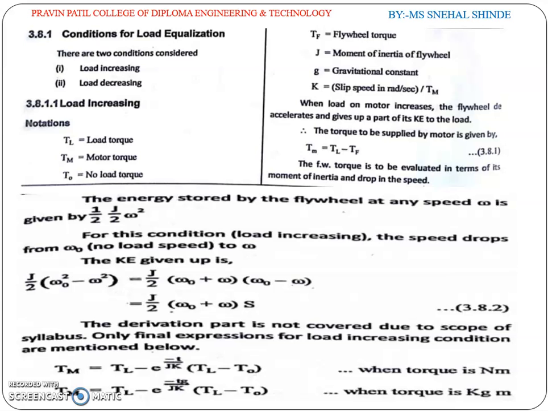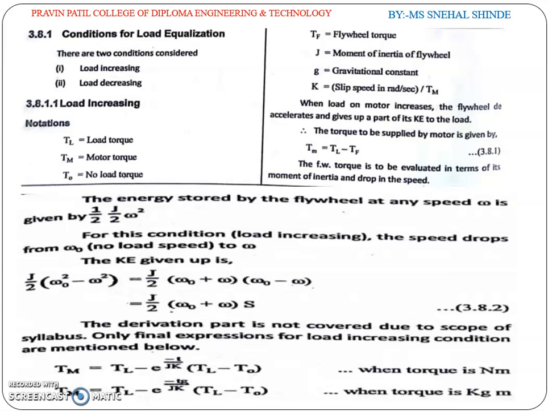The energy stored by the flywheel at any speed omega is given by half into J by 2 omega square. For this condition, load increasing, the speed drops from omega naught, the no load speed, to omega.